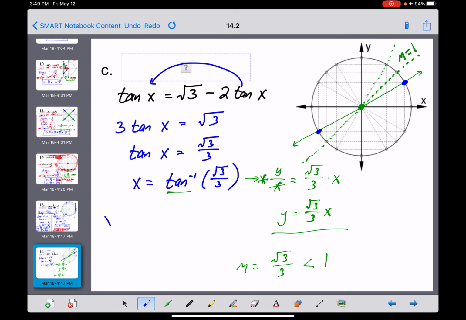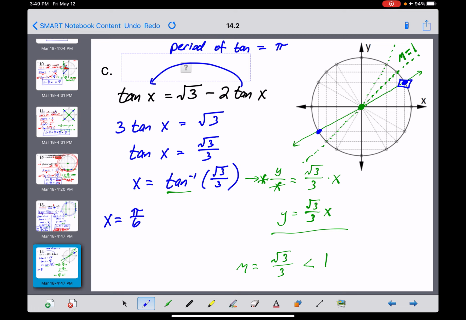So here we would say that x is equal to, this solution right there, everybody, is pi over 6. And, okay, here's what's a little tricky. I know this year we haven't really talked about that. The period of a tangent graph, which we skipped this year, is equal to just plain pi. With sine and cosine, it was 2 pi, and that's why we stuck that on the end here.